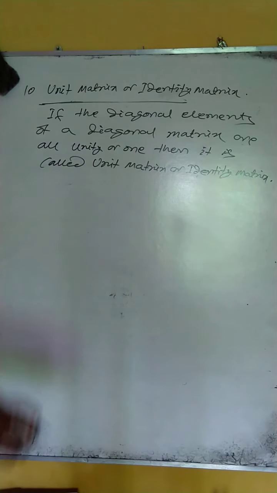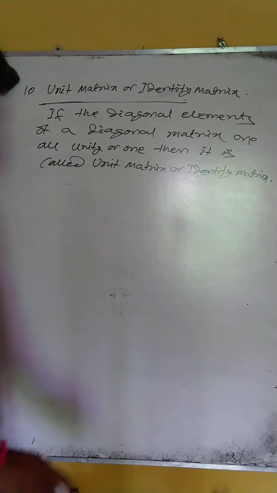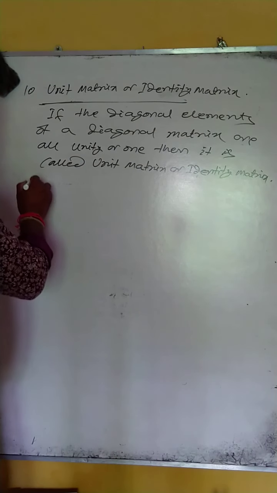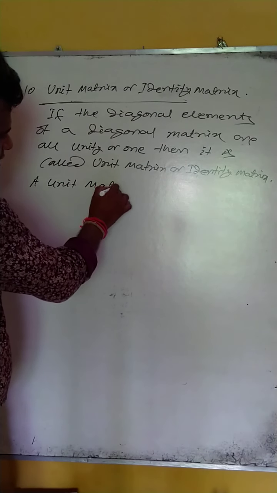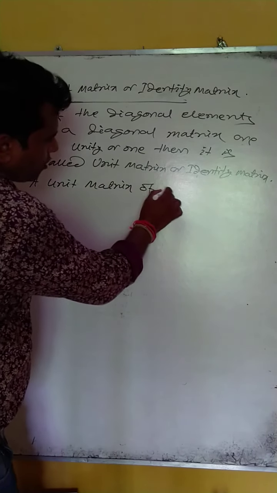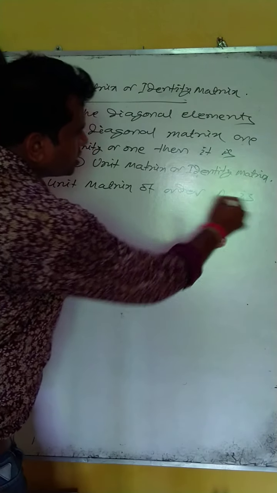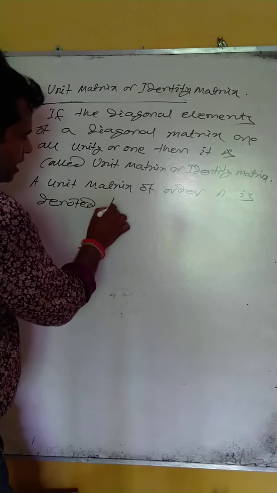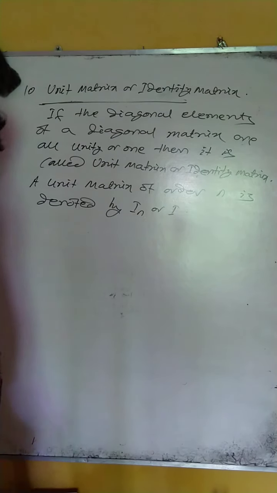If all the diagonal elements of a diagonal matrix are unity or 1, then it is called a unit matrix or identity matrix. A unit matrix of order n is denoted by In or only I.